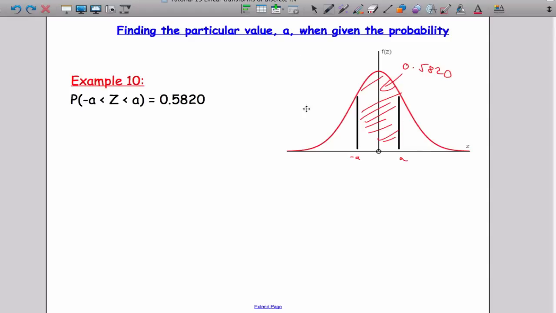Now, because I know that to the left of the 0 and to the right of the 0 it's symmetric, that means that they each have half of this area. So they each have half of this total area.